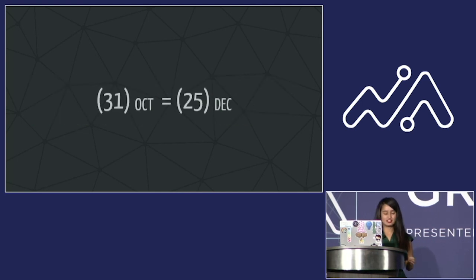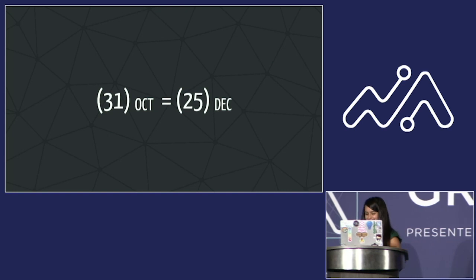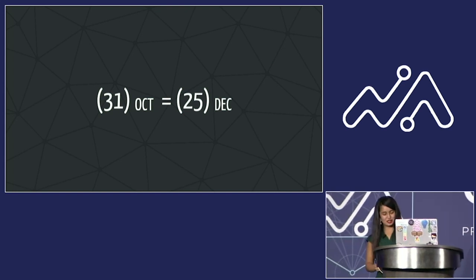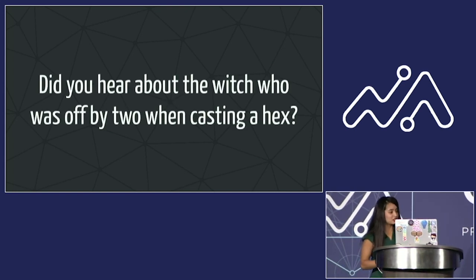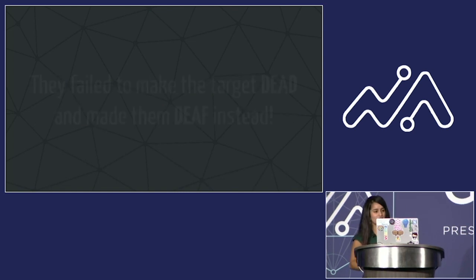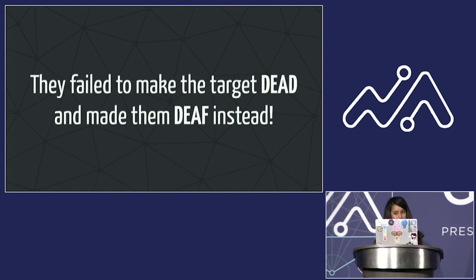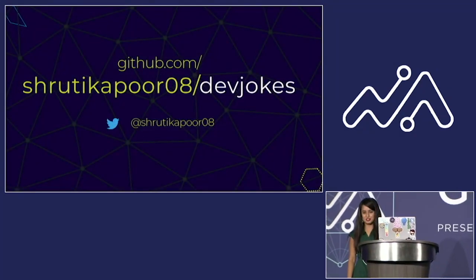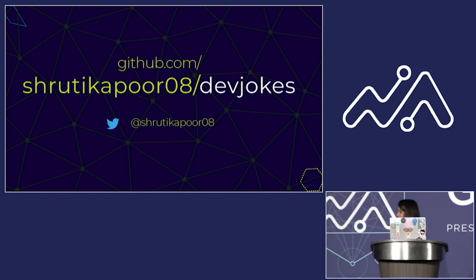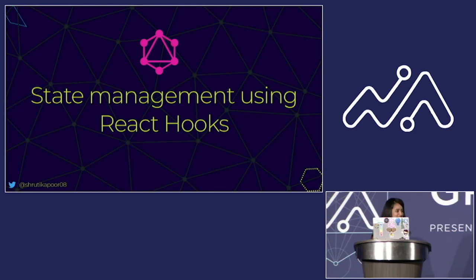Because 31st octal equals 25 decimal. Did you hear about the witch who was off by 2 when casting a hex? They failed to make the target dead and made them deaf instead. So if you want to learn more dev jokes, go to GitHub. All right, let's get started.